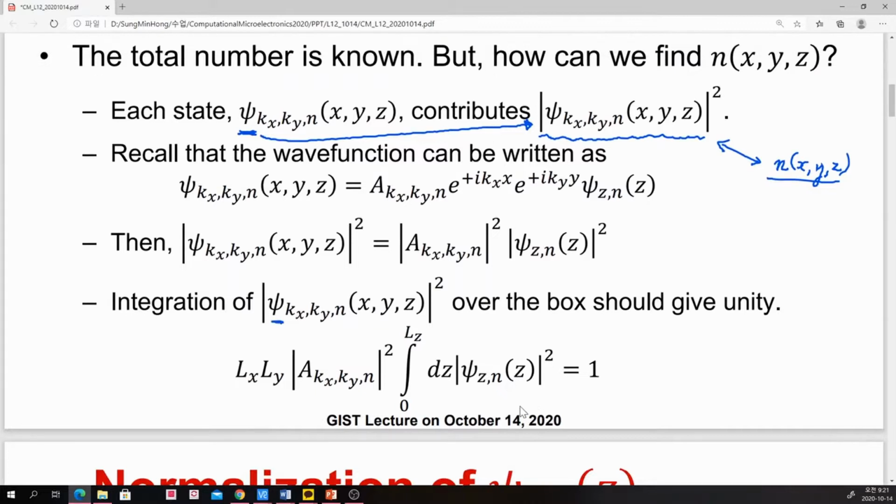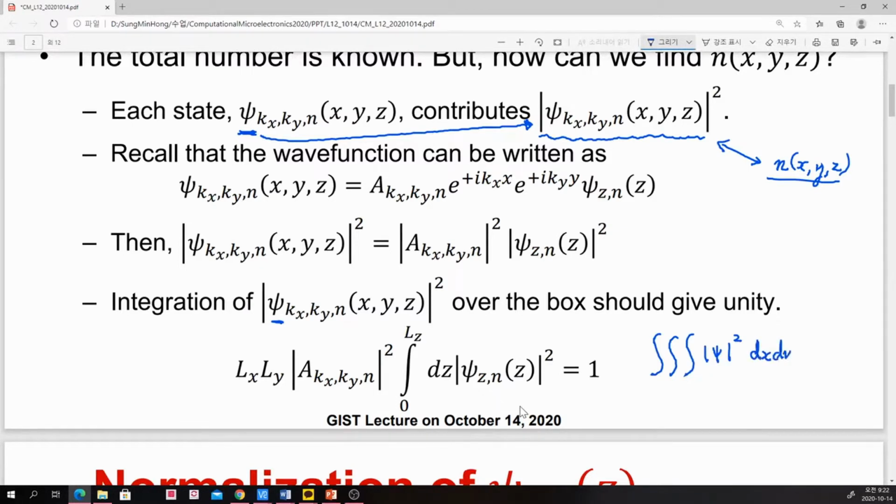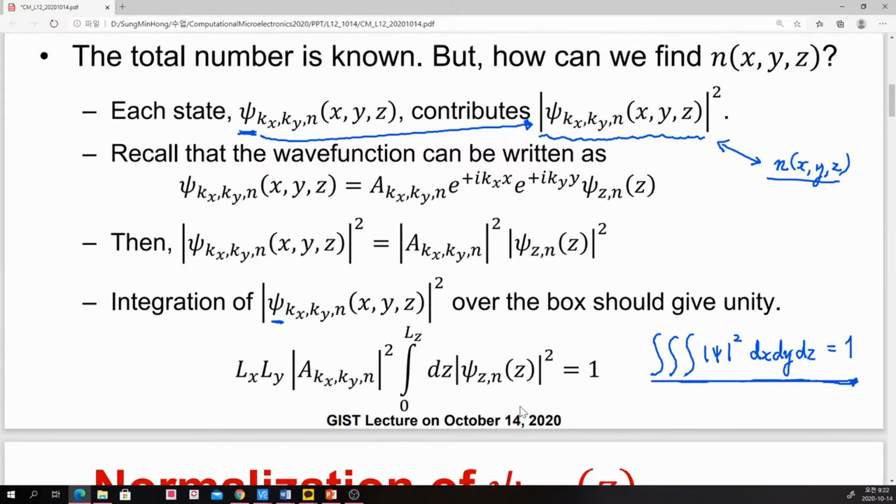The wave function should be normalized to the volume: the total volume integral of our square of psi dx, dy, dz should be 1. This is the required condition to interpret our wave function as a probability density function.